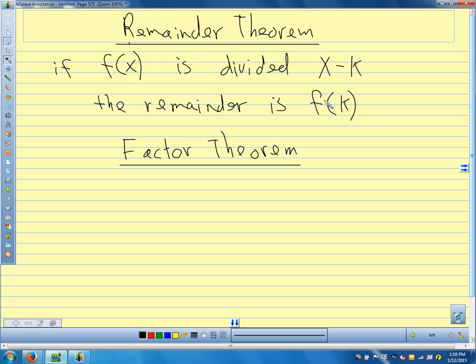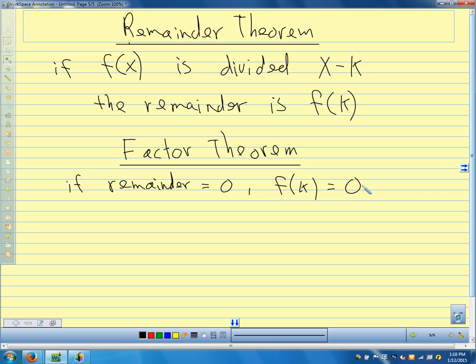If we look at the remainder theorem, what if our remainder was 0? What does that tell us that f of k equals? 0. If the remainder equals 0, f of k equals 0. Well, we listed the other day four things that were equivalent to f of k equals 0.